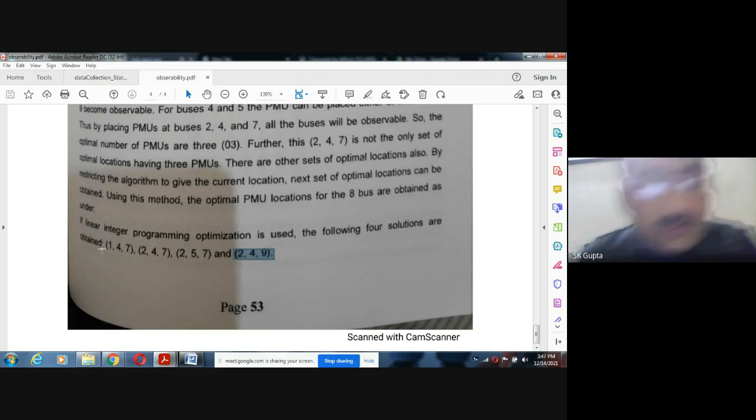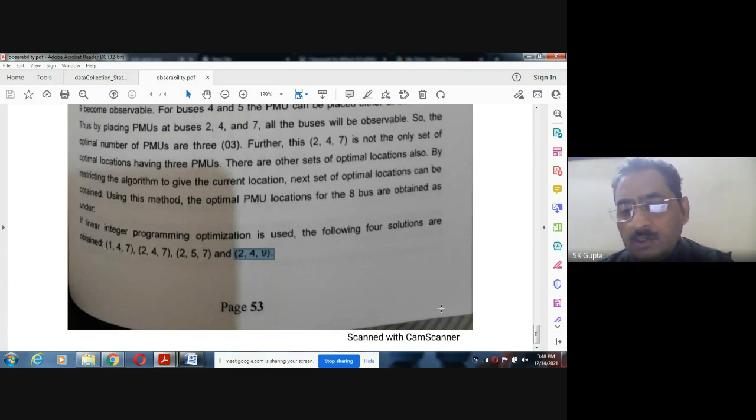Otherwise 3, just to have the system completely observable, we can connect the 3 PMU. But if you want to connect the 5 PMU for having the 2 degree of freedom, we have to connect the instrument at bus number 1 and at bus number 7.